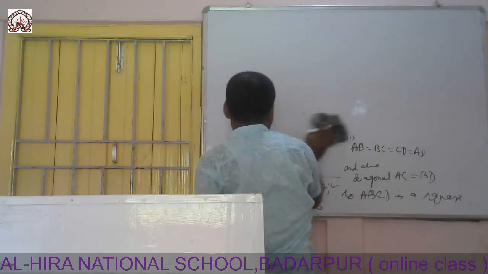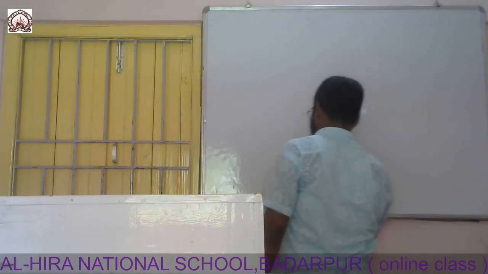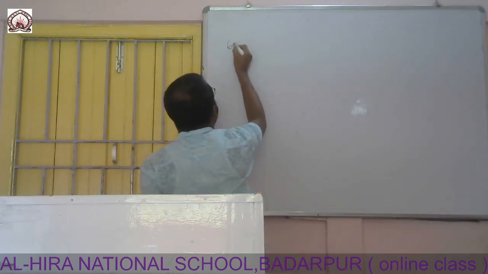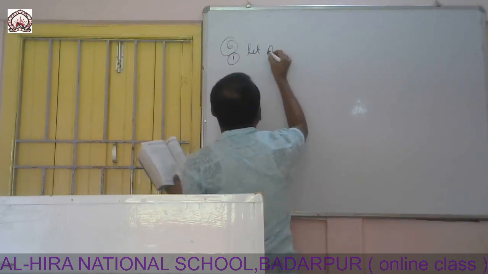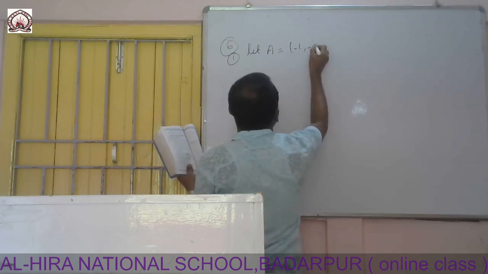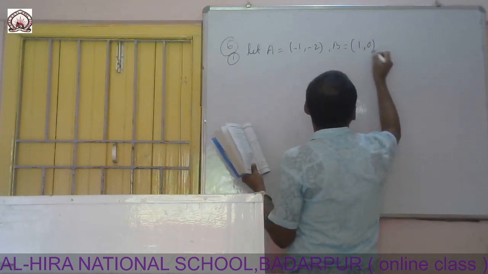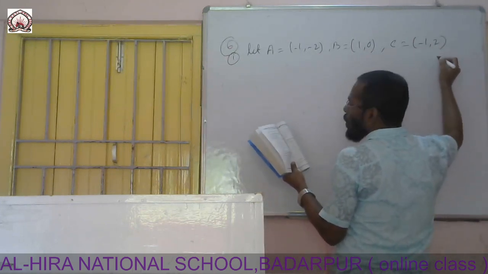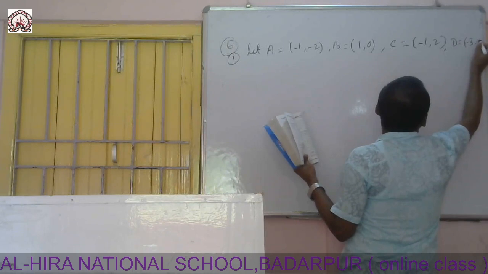For question number 1, let A be (-1, -2), B (1, 0), C (-1, 2), and D (-3, 0).